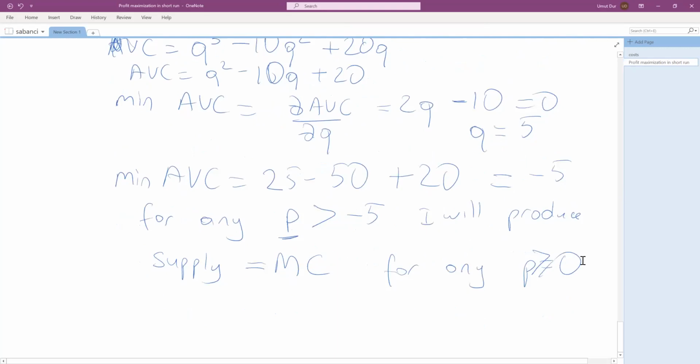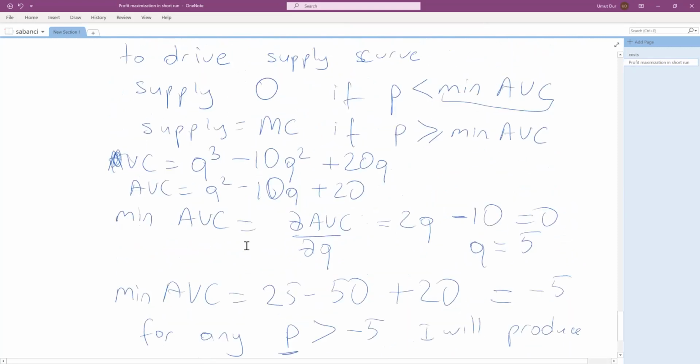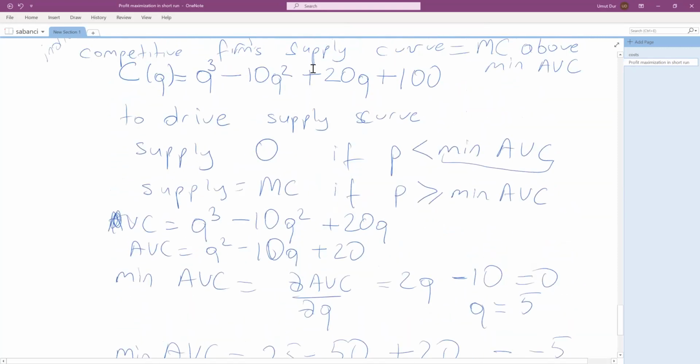Then to find the marginal cost, I need to look at the cost function. Here is the cost function. Marginal cost will be 3q squared minus 20q plus 20.